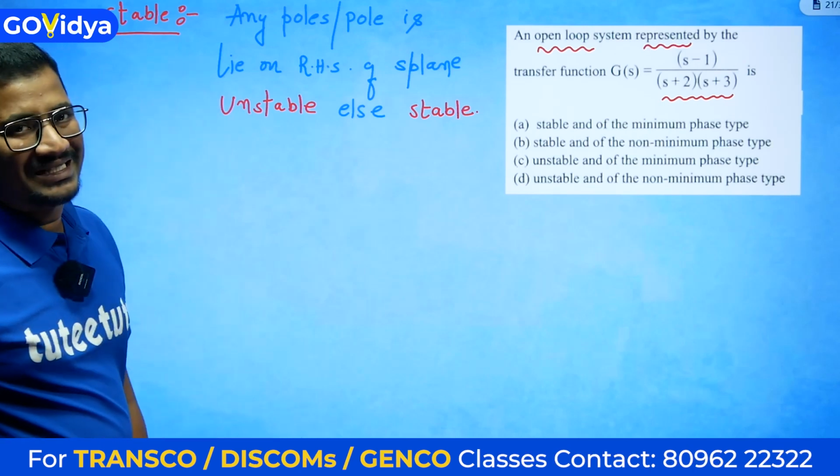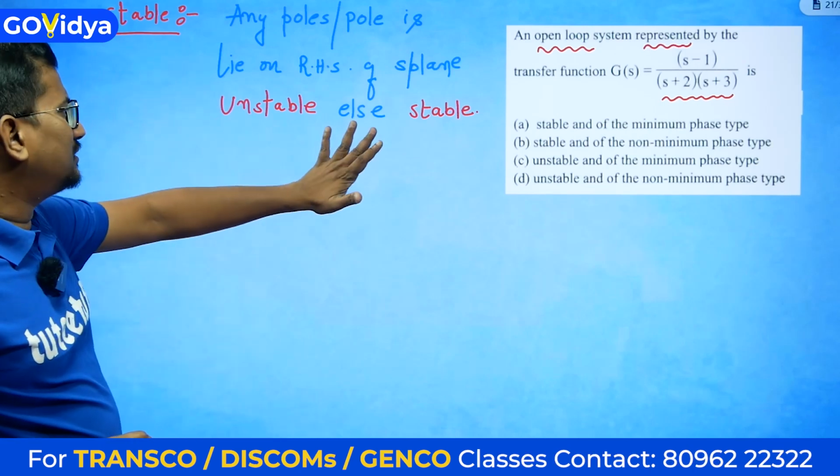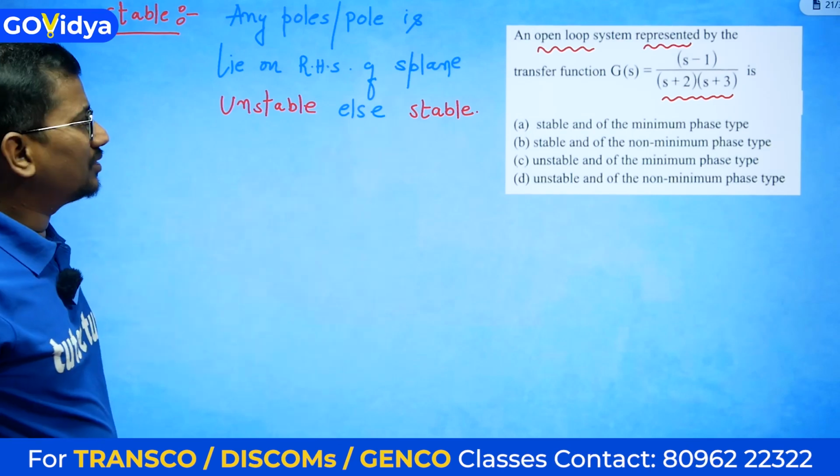Else the system is stable. Okay? So this is the definition of a stable or unstable system.